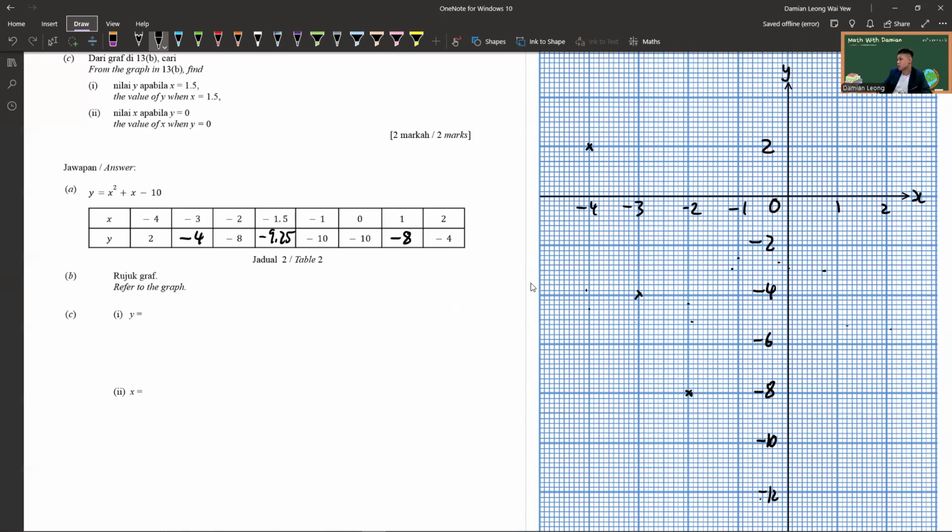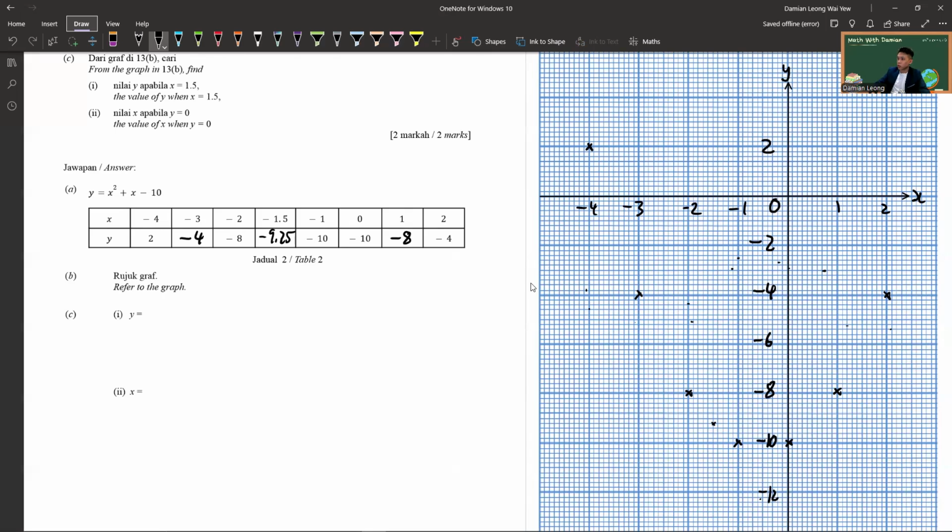So 10 boxes is 2, means each small box is 0.2. So 9 will be here, 9.2. Yeah, slightly below 9.2. Yeah, around that. Yeah. Then -1 is -10. 0 also -10. And -8, -4.